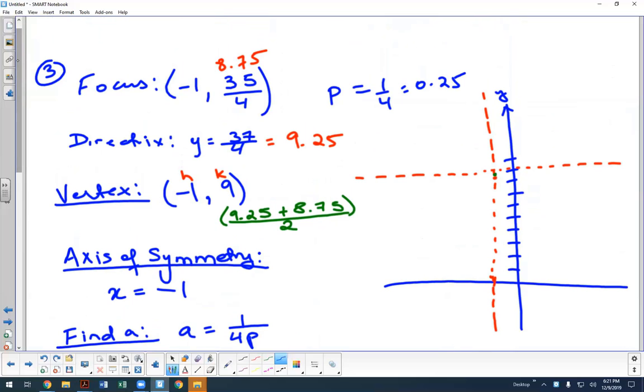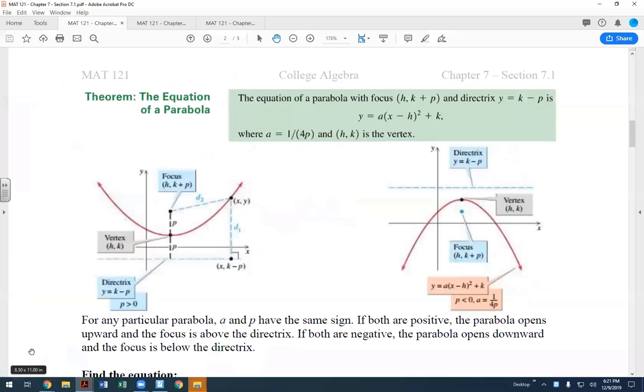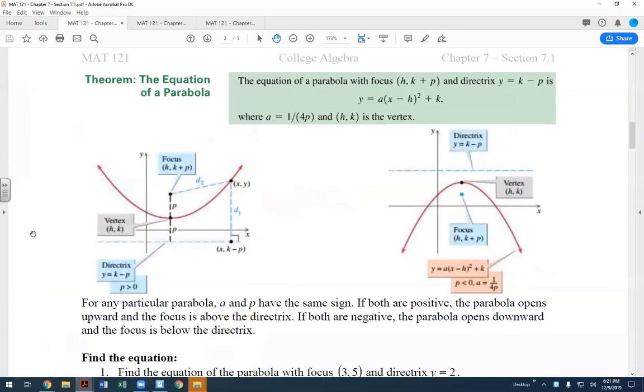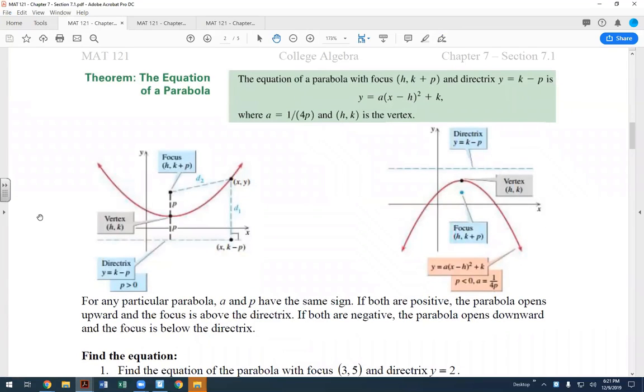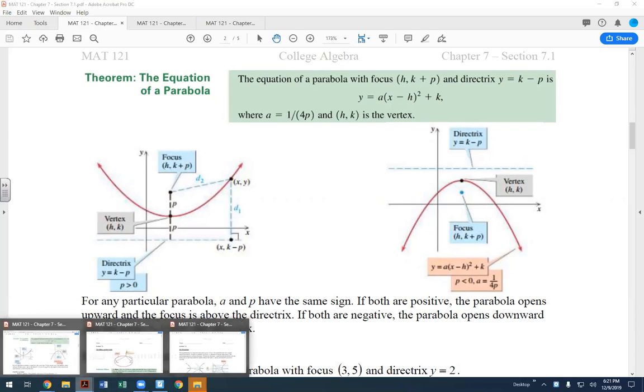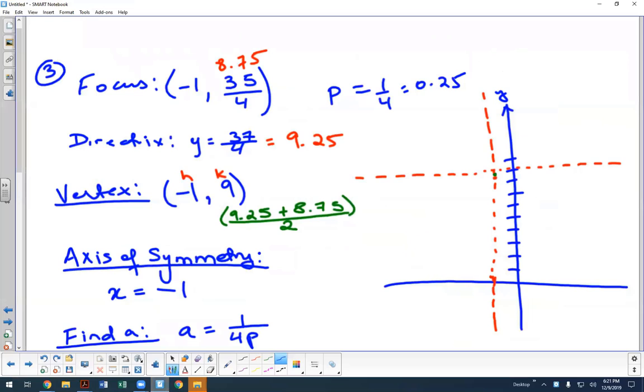Okay, so this is what I missed, and this is why you were thinking irrational. When our parabola opens up, the focus is going to be above the directrix, right? When the parabola opens down, the focus is going to be below the directrix. So what's happening in our example is the focus, which is this red dot here, is below our directrix, right?